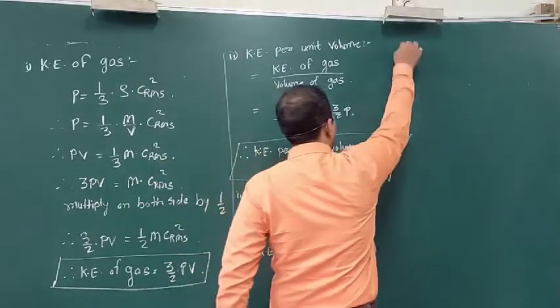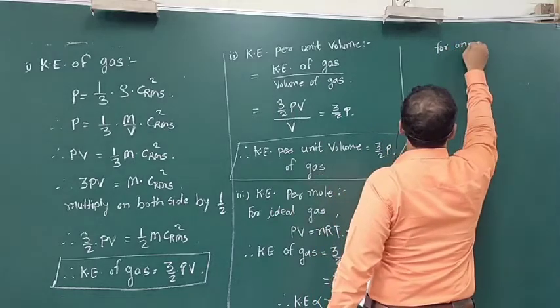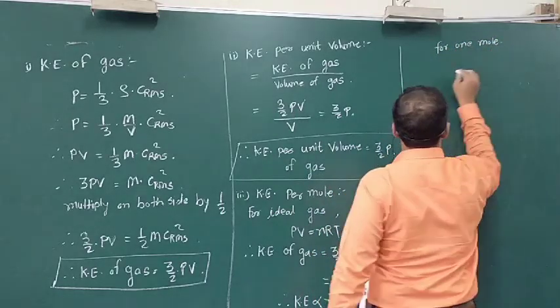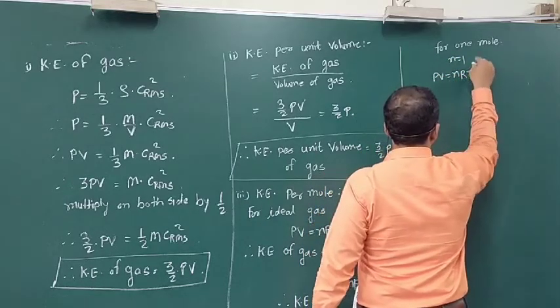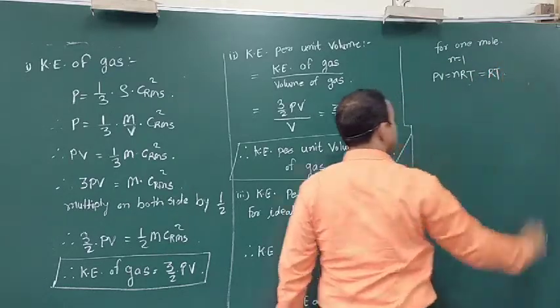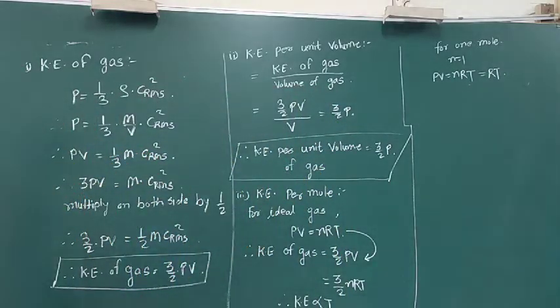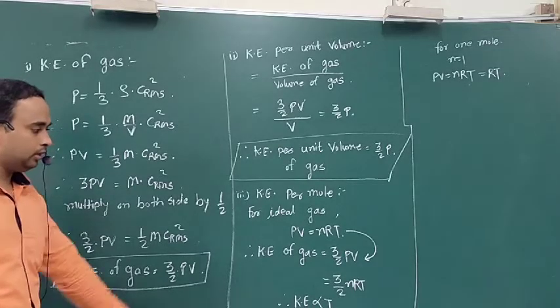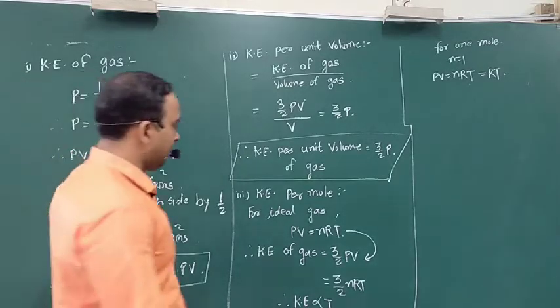Now for 1 mole of gas, n is equal to 1, so the kinetic energy of gas per mole is equal to 3 by 2 PV, or 3 by 2 RT.